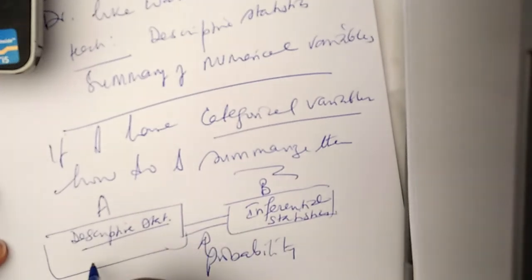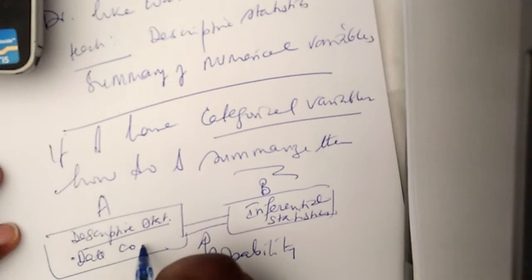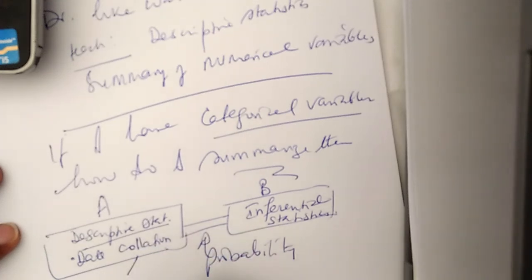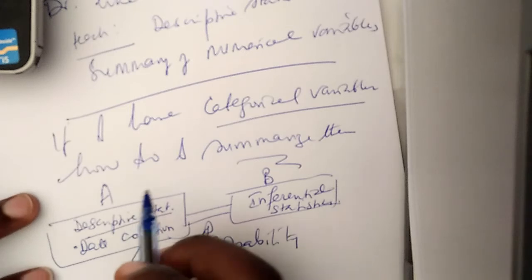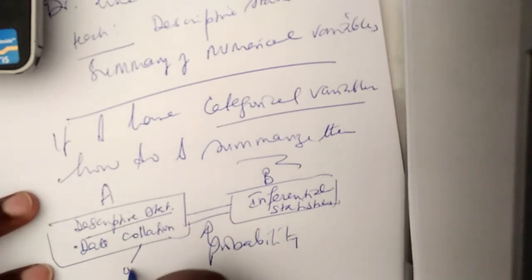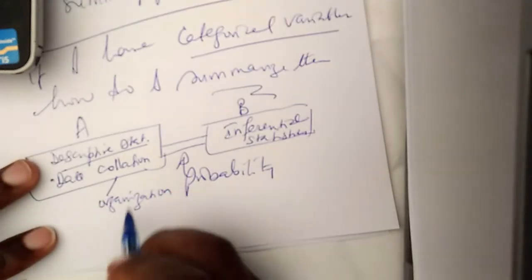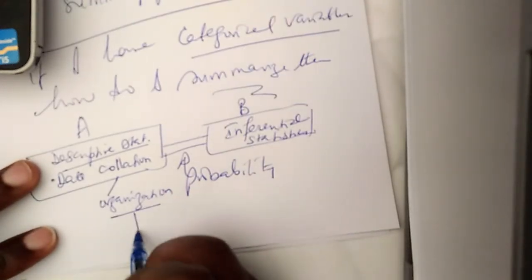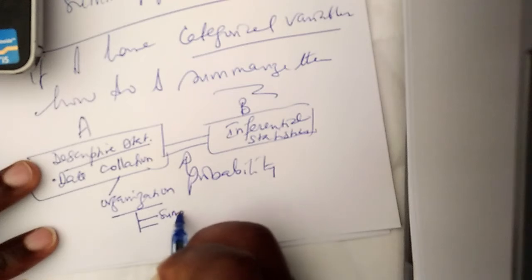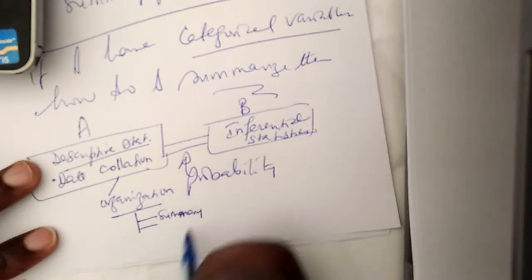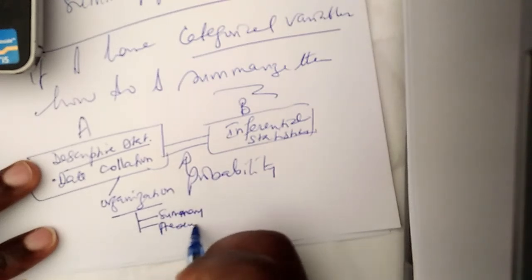And this is where we have data organization. And organization has two arms, summary and data presentation.